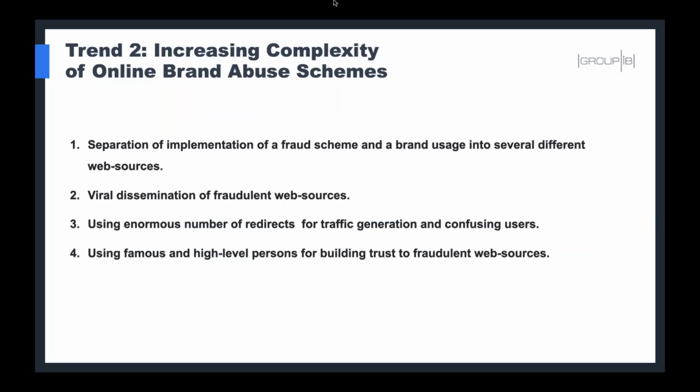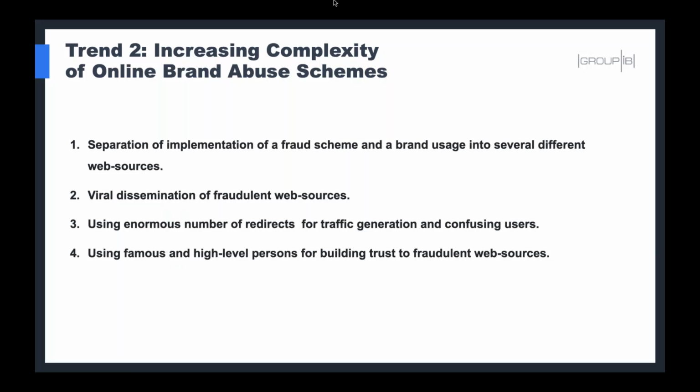And what is the second trend of this big scheme? The second trend is phishing is not the king anymore. That's what I mentioned at the very beginning of my presentation. Fraudsters have already become smarter.